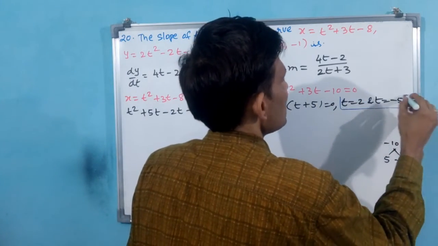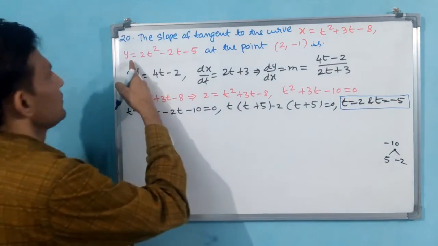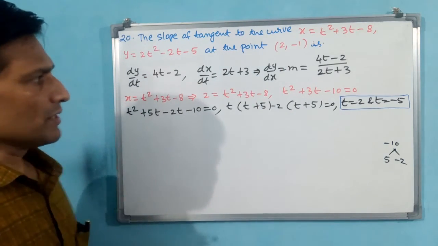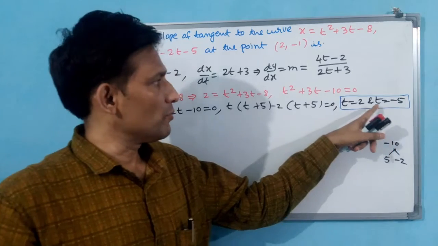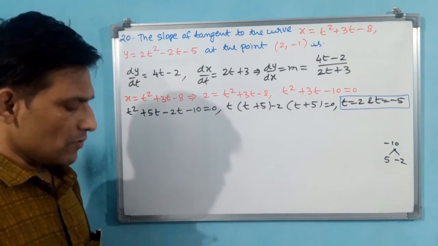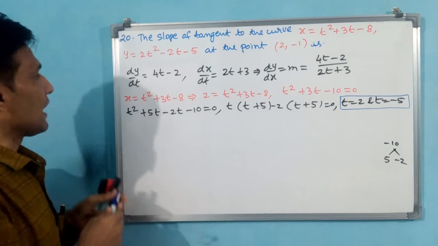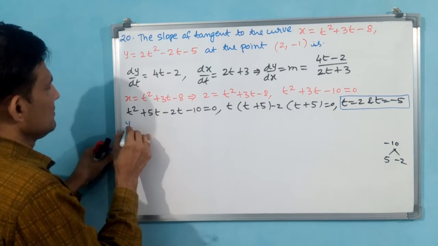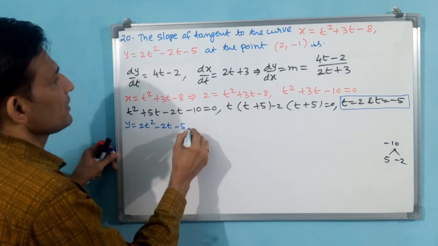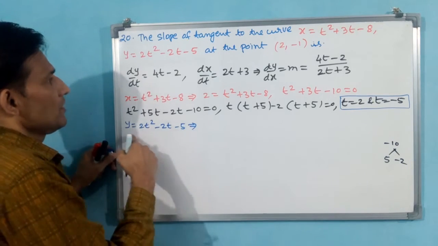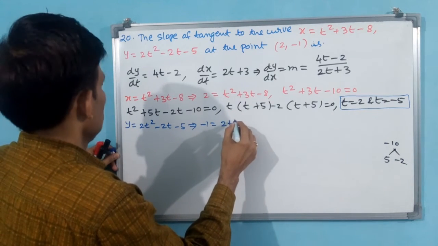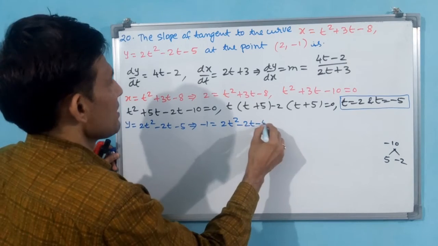Why? Because we have to see with y also. y is equal to minus 1, also you have to substitute and see. Because t is equal to 2 or t is equal to minus 5, which one you have to take, you will get confusion. That is why let us go for y also. You see again I am writing y is equal to 2t square minus 2t minus 5 implies minus 1 is equal to 2t square minus 2t minus 5.